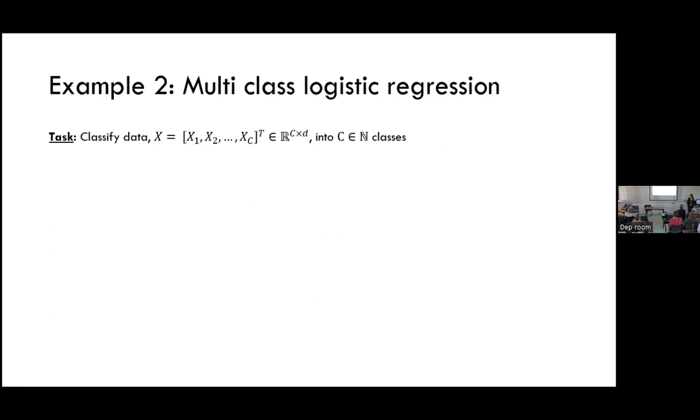So going back also to logistic regression, I started with the binary logistic regression, but actually you can talk about many classes. Suppose that you have images of, I don't know, cats, dogs, and horses, for example, and you want to classify the data in that case.